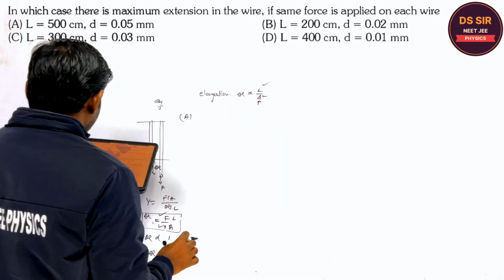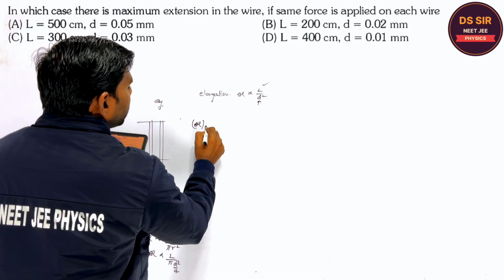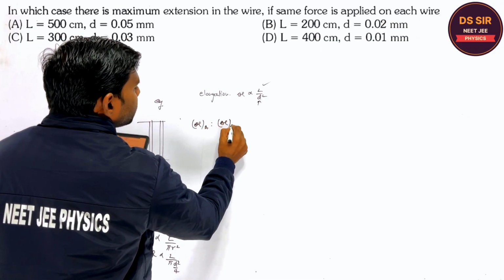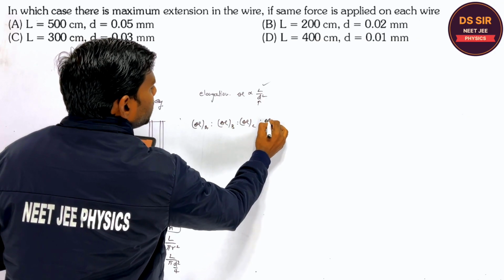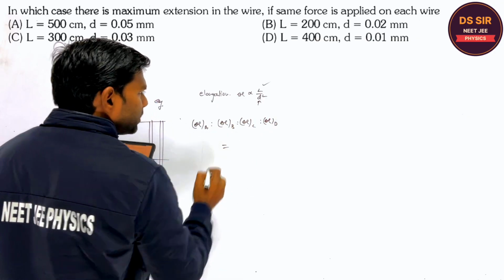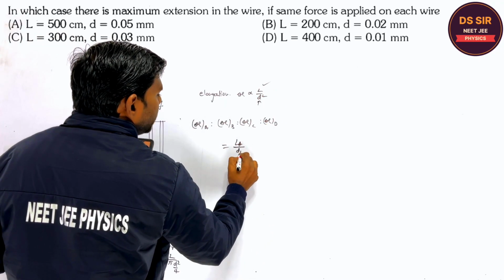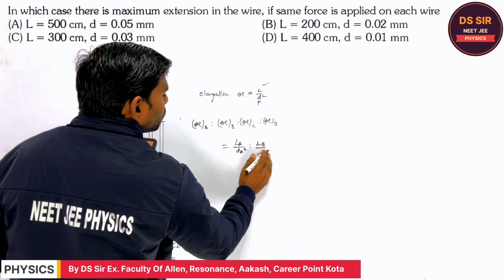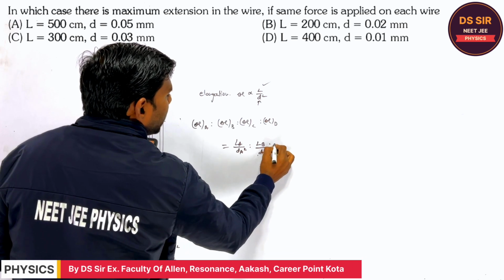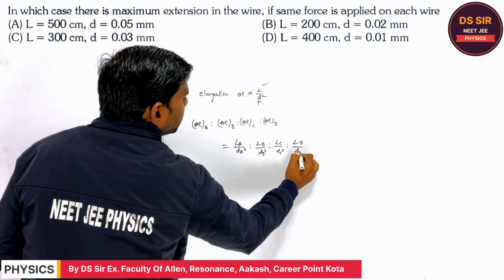So in the case A, B, C, D, right, delta L in A is to delta L in B is to delta L in C is to delta L in D, right. I'm writing just LA upon DA square, LB upon DB square, LC upon DC square, LD upon DD square.